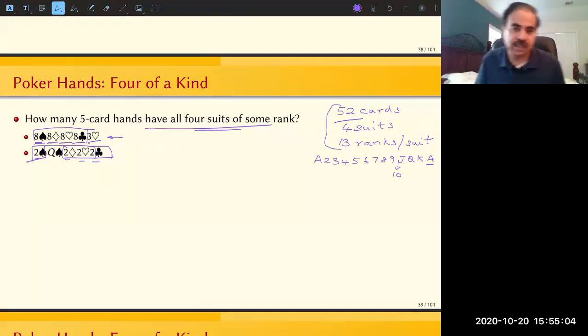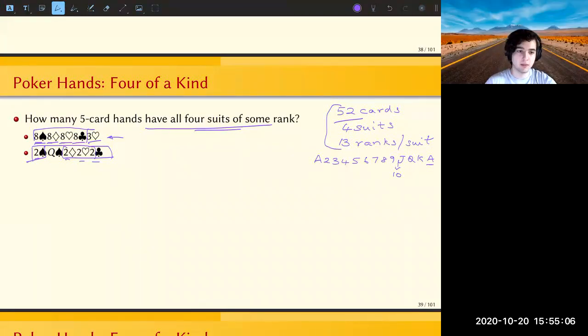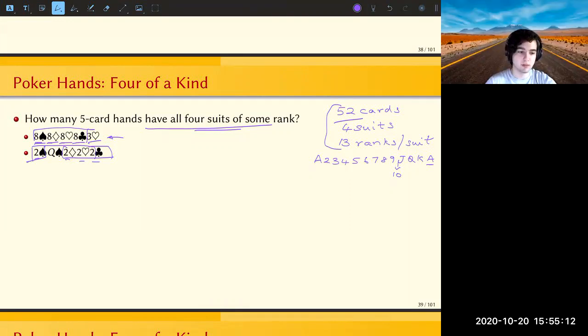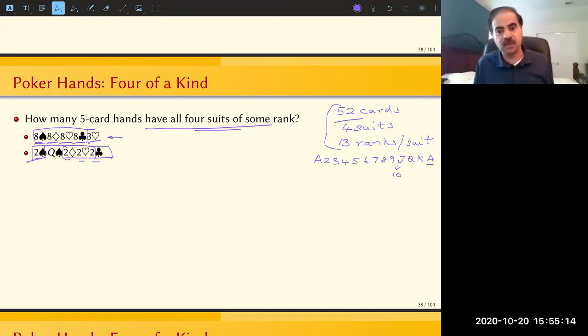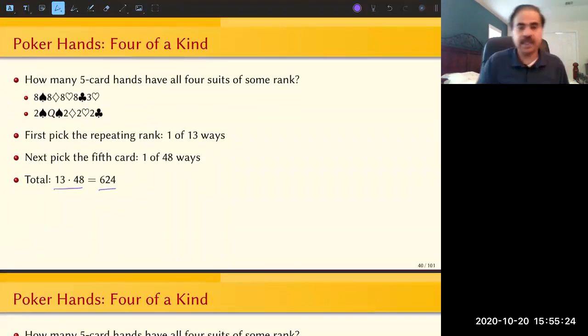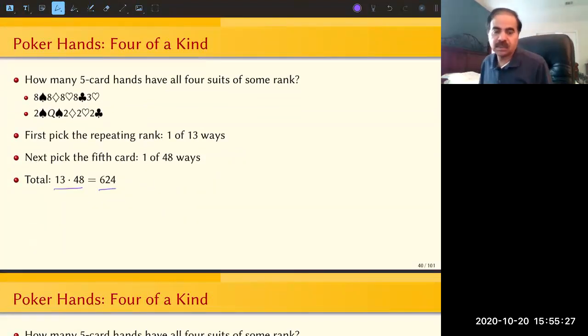And then for the last card, you have any of the other 48 choices, right? Because you have already picked 4 cards. So out of the 52, you have exhausted 4, so therefore, there are 48 left. So the number is going to be 13 times 48, which is 624, right?